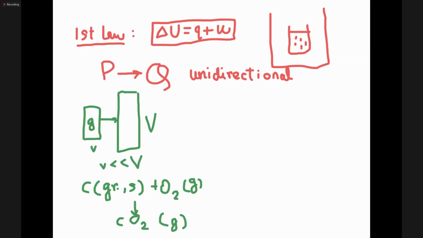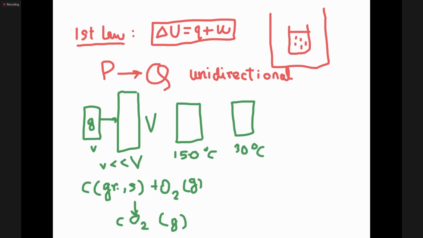They will perform spontaneously. But heat will not flow from a colder body to a warmer body on its own. Suppose we have a hot plate, which has a temperature of say 150 degrees Celsius, and we have a comparatively colder plate which has a temperature of, let's say, 30 degrees Celsius.